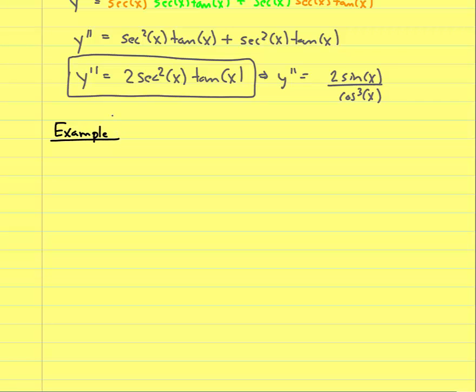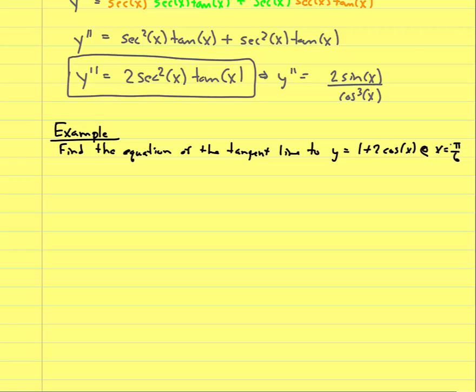So let's go ahead and find the equation of the tangent line to the function y equal, we could use a product or a quotient rule here, but I think I want to stick with something pretty straightforward. Let's do 1 plus 2 cosine of x. And let's do this at the point x equal pi over 6.